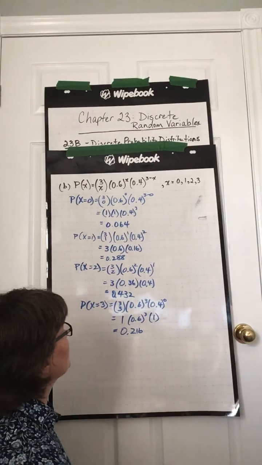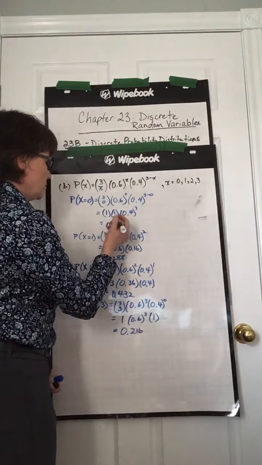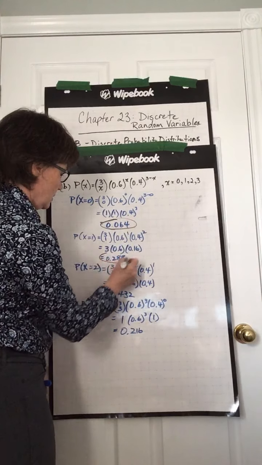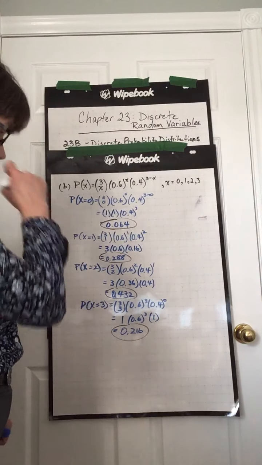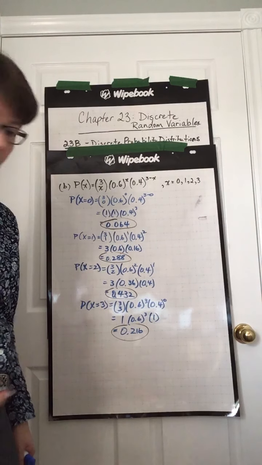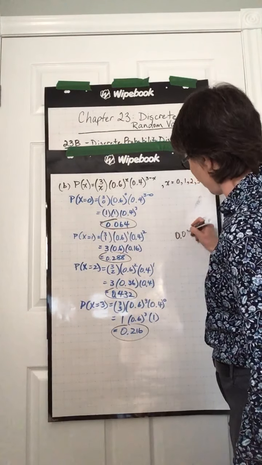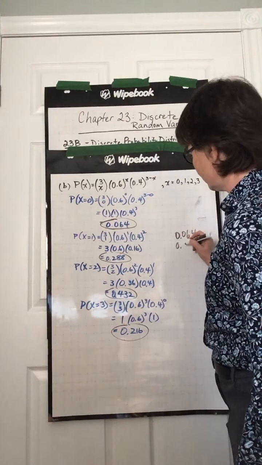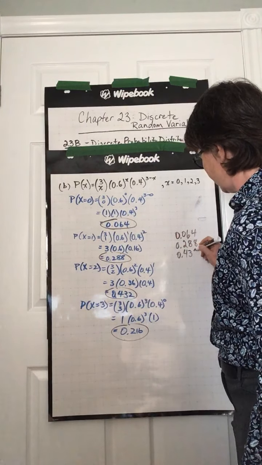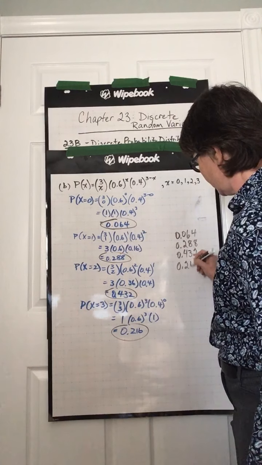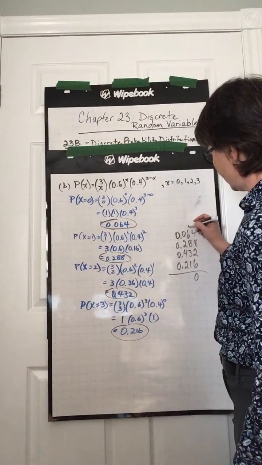All right, so now we have to check our two rules. Are each of these probabilities in between 0 and 1? This one, this one, this one, and this one? Yes, they're all in between 0 and 1. And do they all add up to 1? So let's show that work. 12 and 8 is 20.